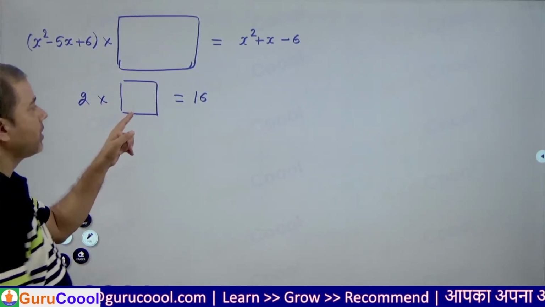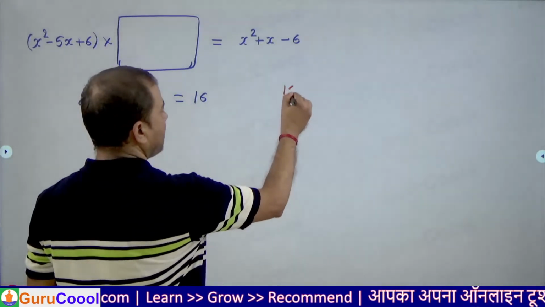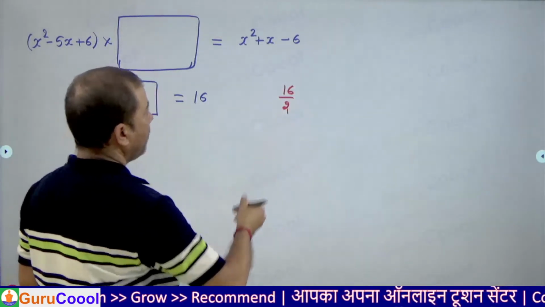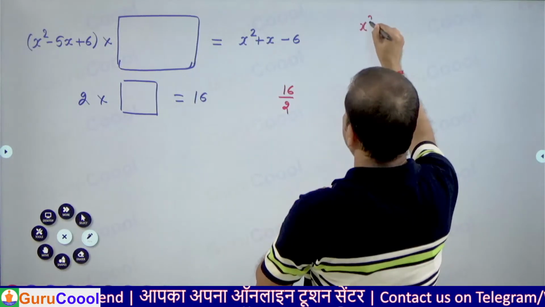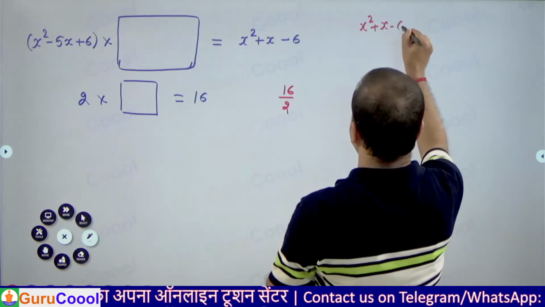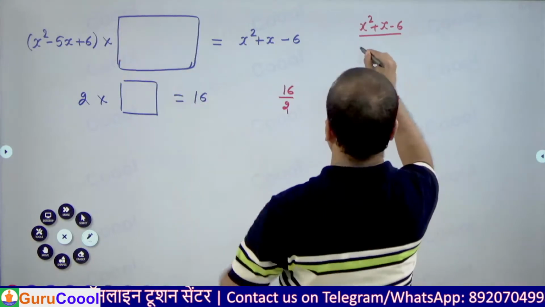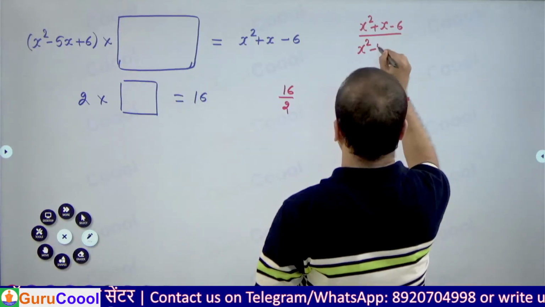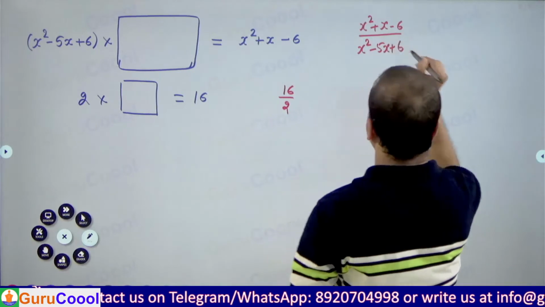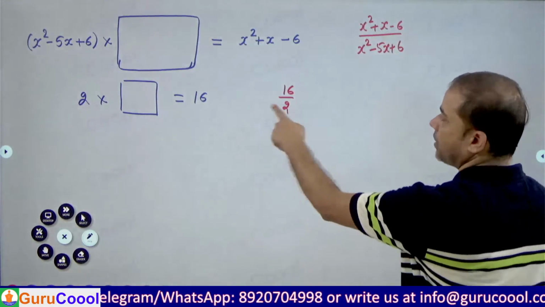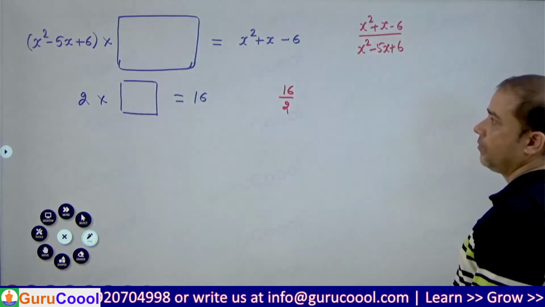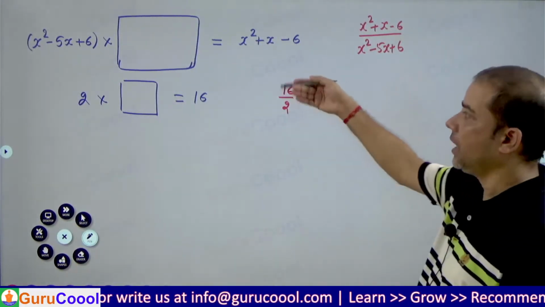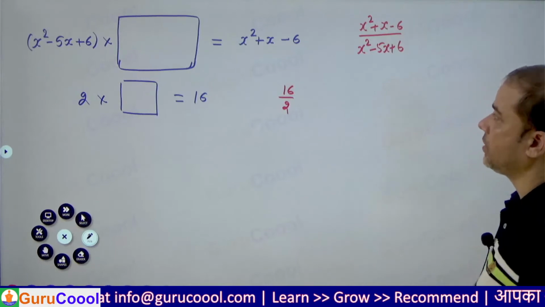If this answer can be found by dividing 16 by 2, why not divide the product x square plus x minus 6 by the first factor? If this rule works here, why will the same rule not work in the first one? If you are not seeing this, that means your brain is absent, not present there.